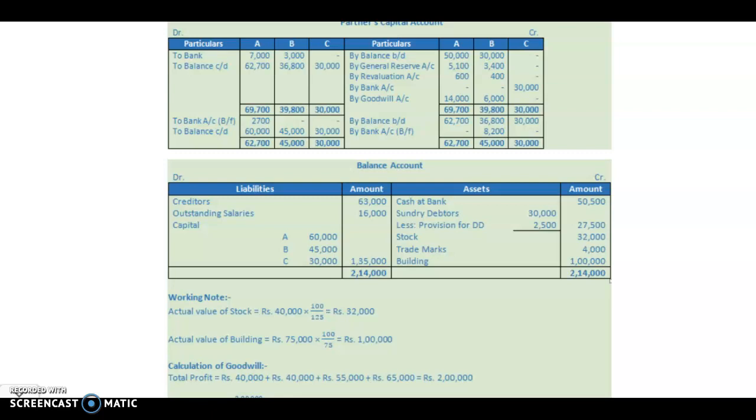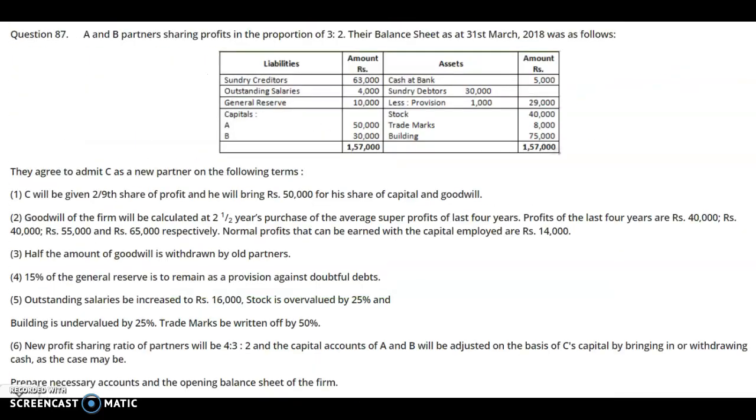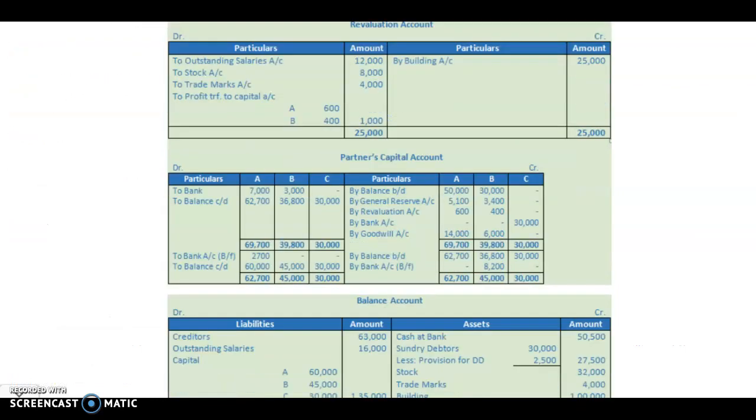Then the balance sheet will be prepared, and this balance sheet will be prepared with the revised values of the assets and liabilities. Now here cash at bank is given as 5,000. He brought 50,000 more, so automatically it amounts to 55,000, but it has also been withdrawn by the partners. See the amount of the goodwill, 14,000, 6,000, 7,300.